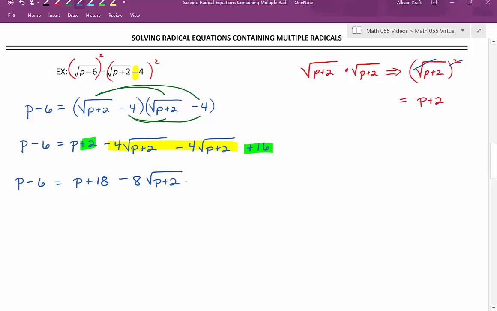I've combined everything that I can, and I still have a radical left. So now we need to isolate that radical on the right. I'm going to subtract p from both sides and subtract 18 from both sides.